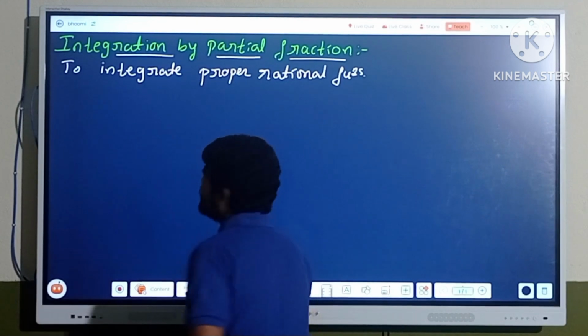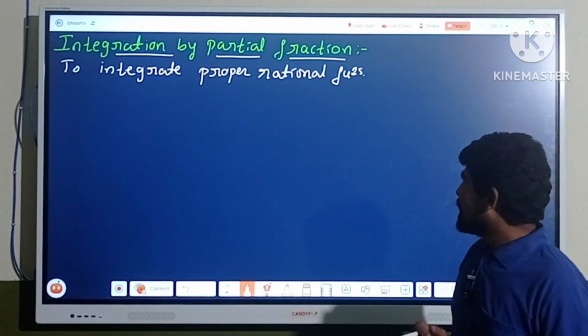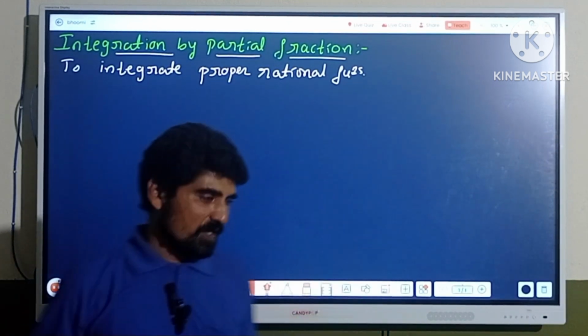Now the doubt is, what is meant by proper rational functions? To understand this, first we should know what is meant by a rational function.